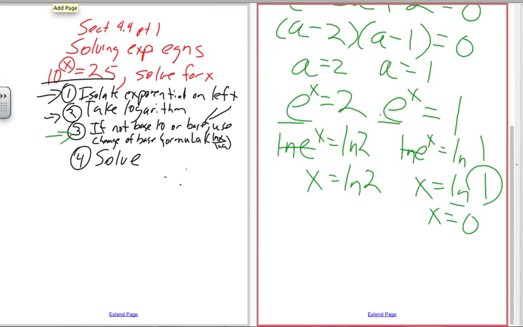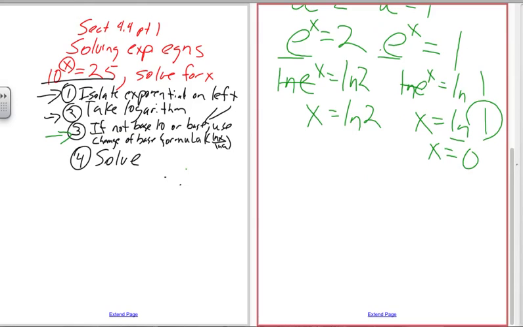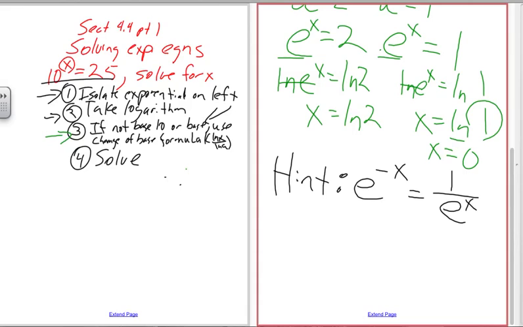Okay, now on your homework problem, I'm going to give you a big hint on it, and I do mean a big hint. You're going to be working one very similar to this, except you're going to see an e to the negative x, which is the same as 1 over e to the x. These are these rational exponents. They're back.